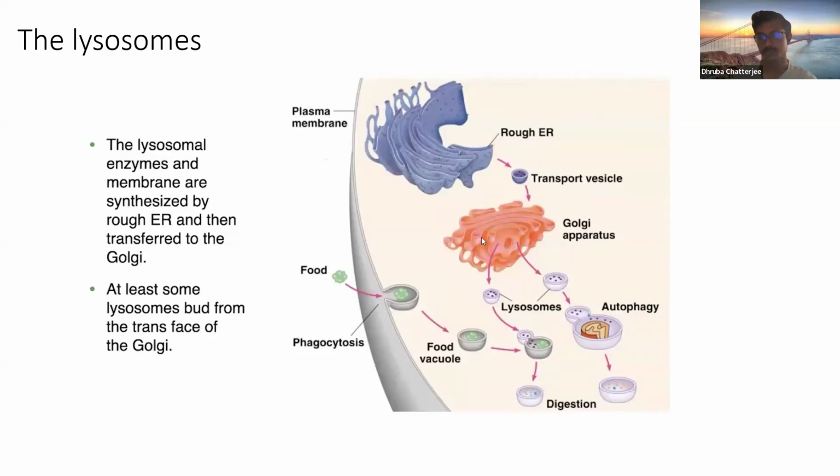And from this Golgi apparatus, eventually the vesicles bud out with the lysosomal enzymes, right? Lysosomal hydrolases, lysosomal membrane proteins, lysosomal V ATPases, that is these H plus ATPases, which will eventually pump the H plus actively into the lysosome to create the acidic pH. And these vesicles eventually fuse to the late endosomes and lysosomes.